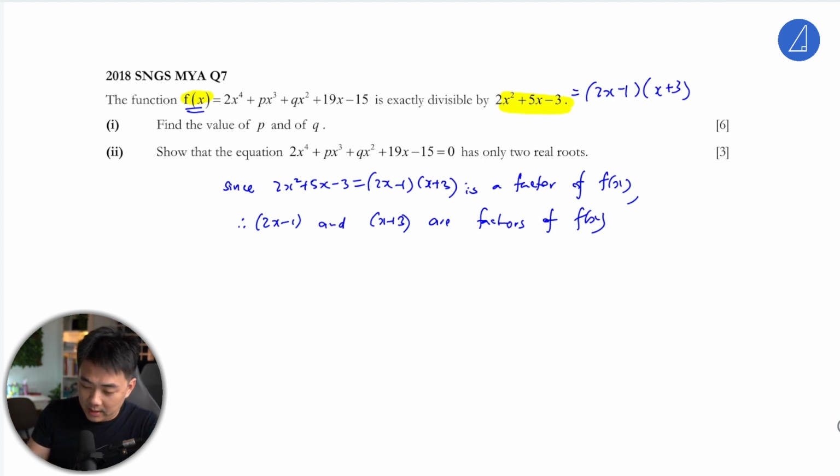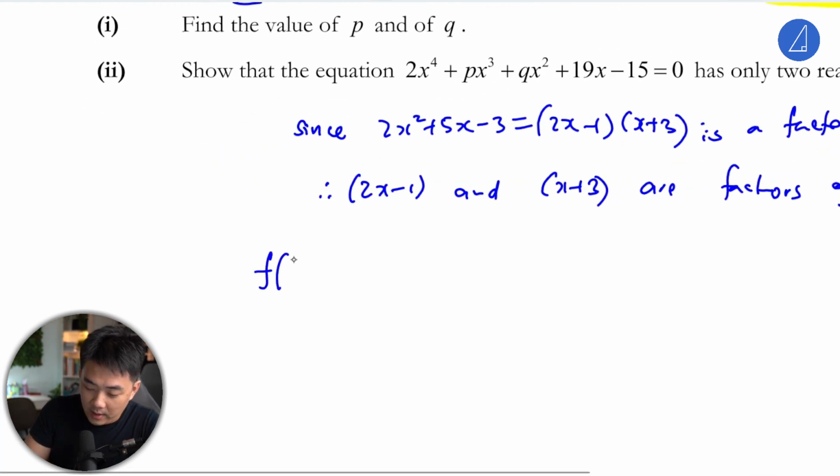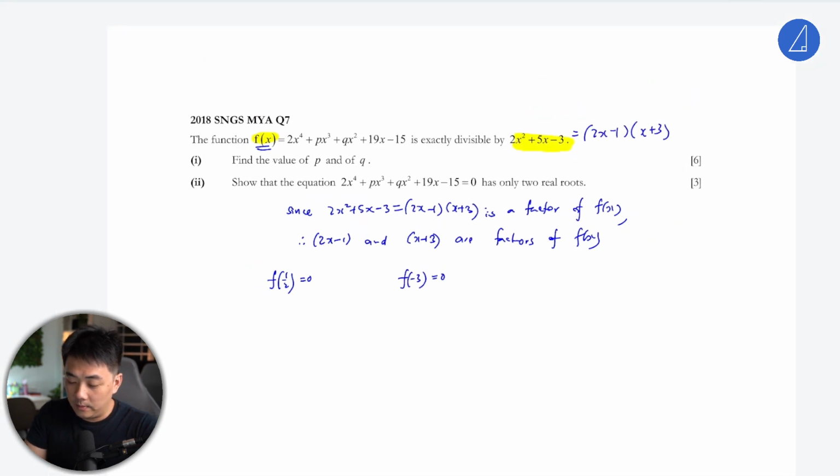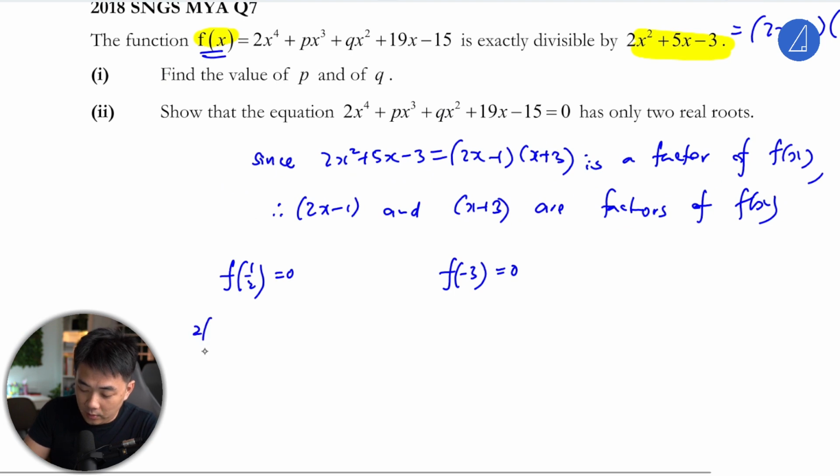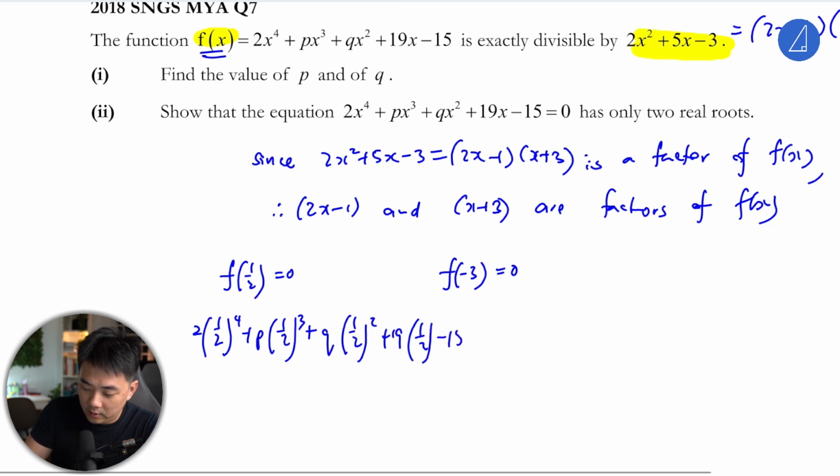So what we do next is by factor theorem, we know that f(1/2) is 0 and f(negative 3) will be 0. So what we're going to do is just substitute into this equation here. Then we can solve the simultaneous equations after. The first is p over 8 plus q over 4 plus 19 over 2 minus 15 equals 0.